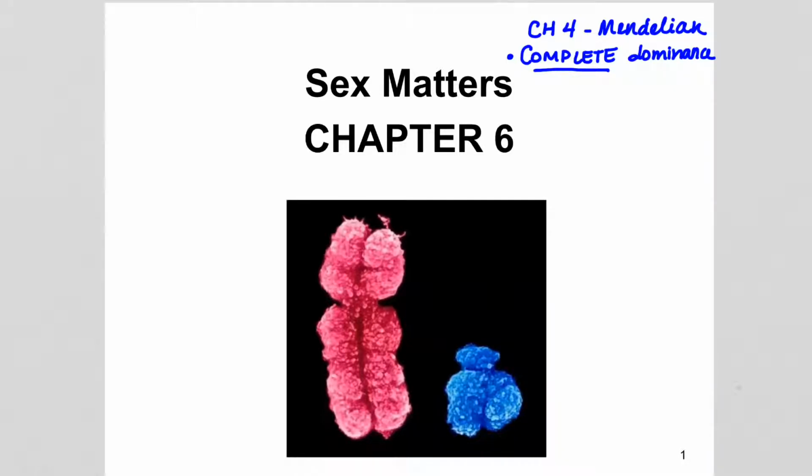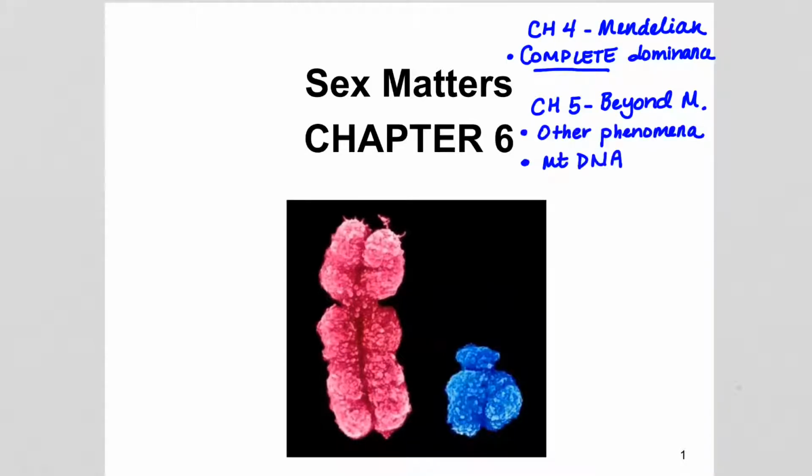However, we know that there aren't many phenotypes that are actually inherited in this fashion. So we went on to cover a wide range of phenomena in Chapter 5, in that Beyond Mendel chapter, that differed with regards to inheritance patterns.